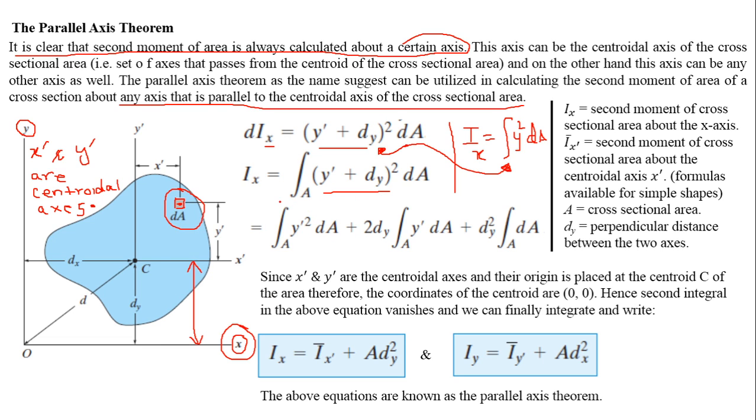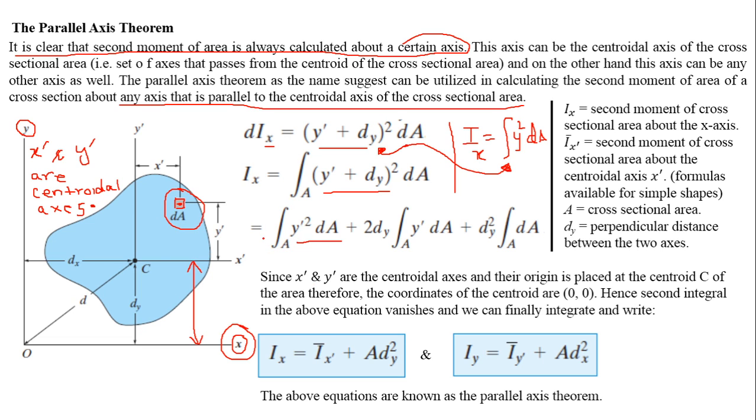Now if you look at this integral alone, then this integral alone here is representing the second moment of area of this entire cross section, because you are integrating over the area.